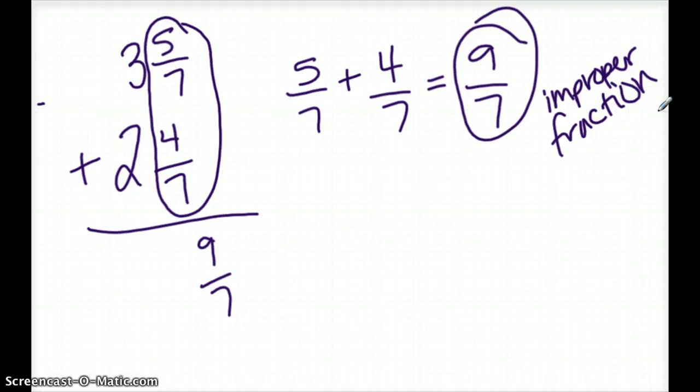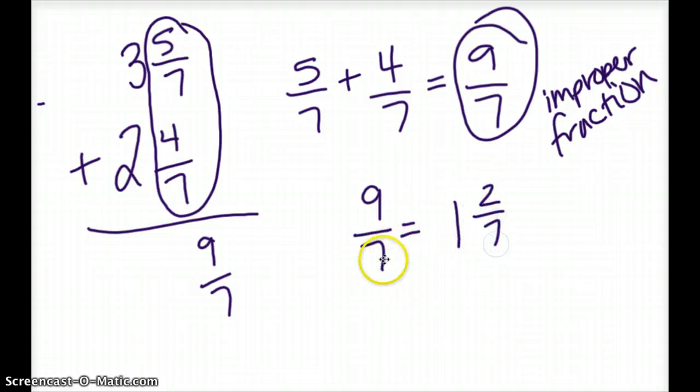So I'm going to have to do some extra work on these ones, because 9/7 is actually equal to 1 2/7, because 7 goes into 9 one time. 7 times 1 is 7, so the difference between 7 and 9 is 2. So 9/7 is actually equal to 1 2/7.